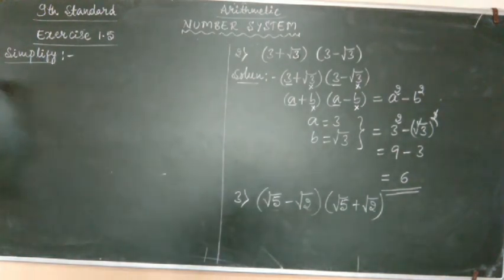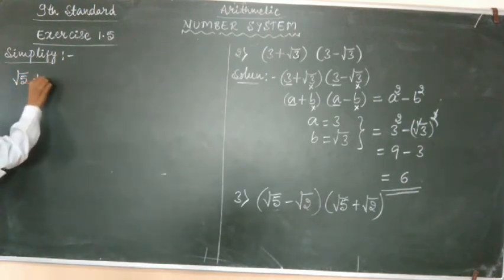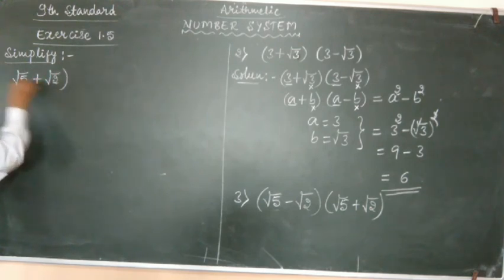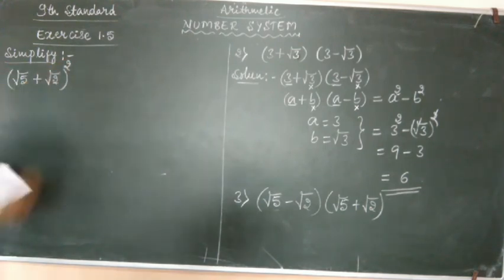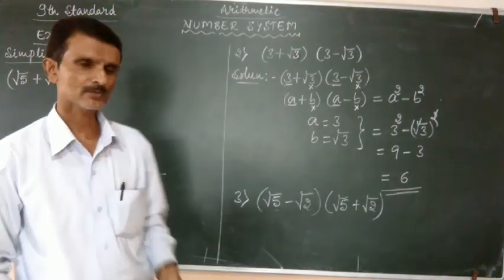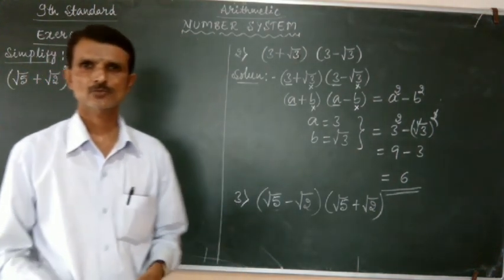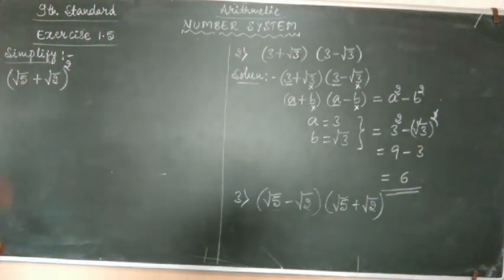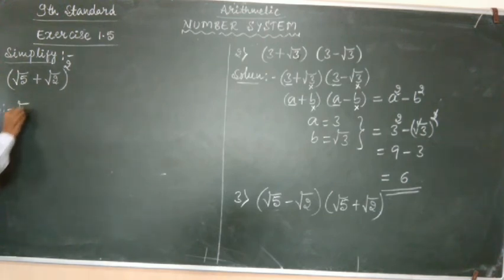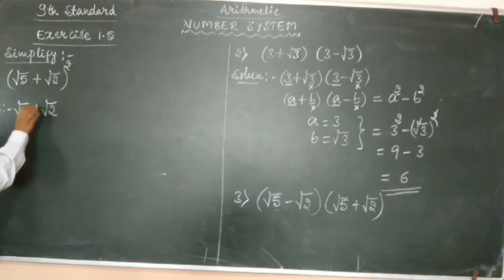So the fourth problem is root 5 plus root 2 whole square. So we have to simplify that problem. First we will write the problem: root 5 plus root 2 whole square.